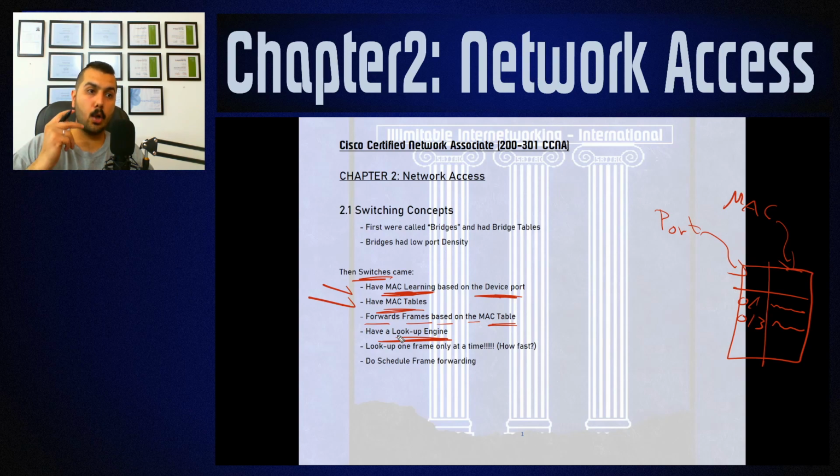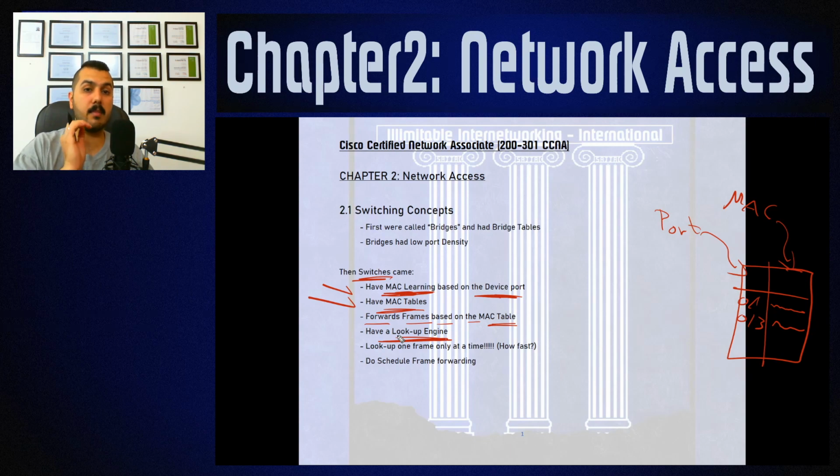Okay, so two persons are trying to contact the same destination at the same time. Me as a switch, I have a lookup engine. What I do is establish a queue and list the frames in the queue, one by one, and I will look at each one of them at a time, only a single frame at a time.